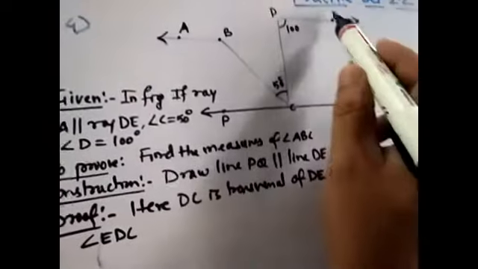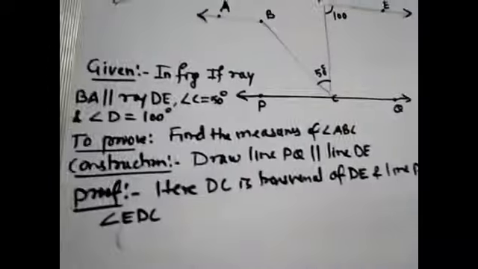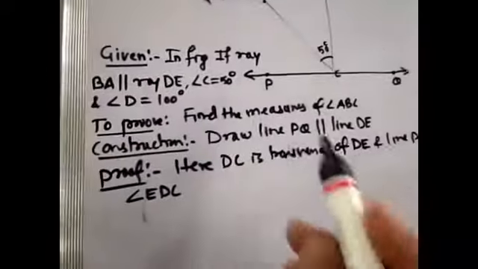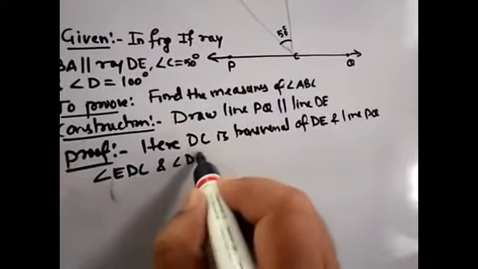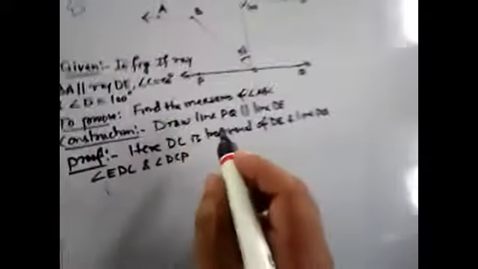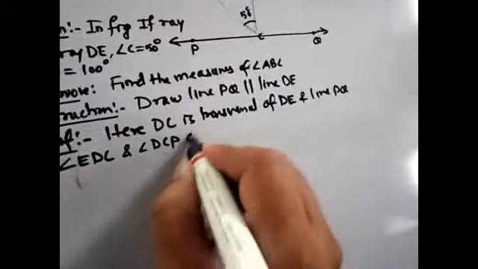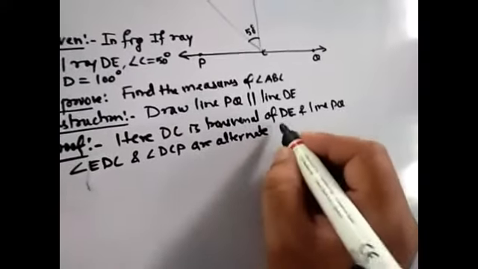Angle EDC, this angle, and angle DCP, this angle, are alternate angles.